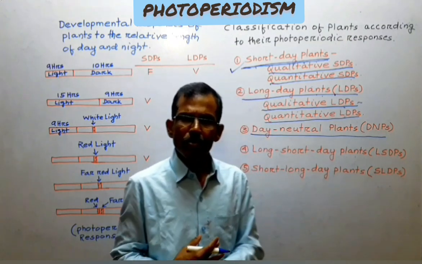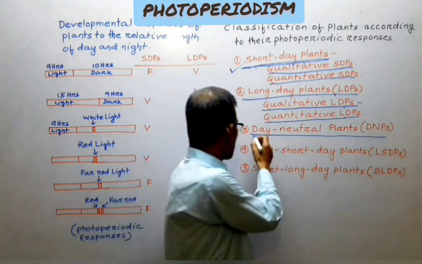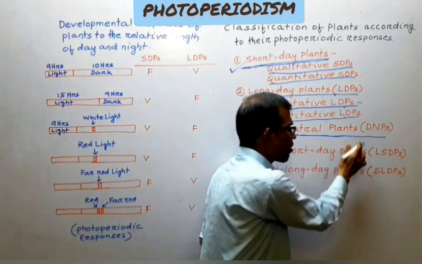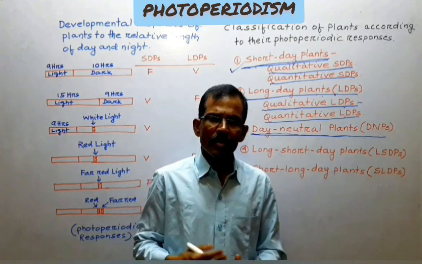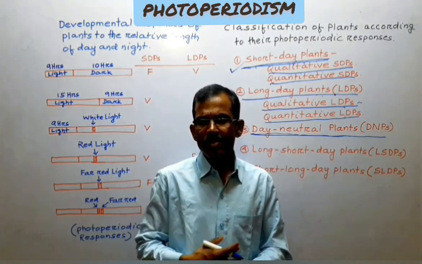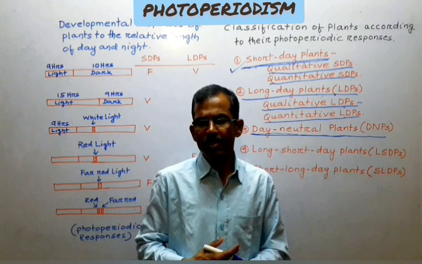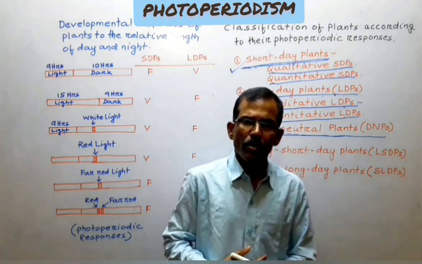The third photoperiodic group is day neutral plants, which flower under any photoperiodic conditions. They are insensitive to day length. In such plants, the flowering is typically under autonomous regulation.